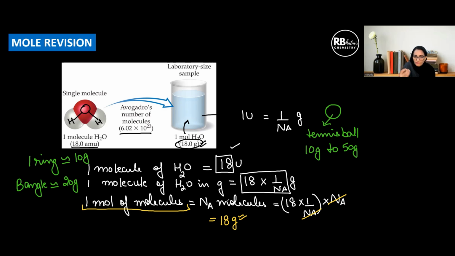Whenever you feel like answering that the mass of one molecule is 18 gram, just visualize this concept: one molecule has a very, very small mass. So it's 18 U or 18 upon Avogadro number gram. But one mole of molecules, which is a big number, these many molecules together are going to weigh 18 gram. I hope this concept is very clear with you.